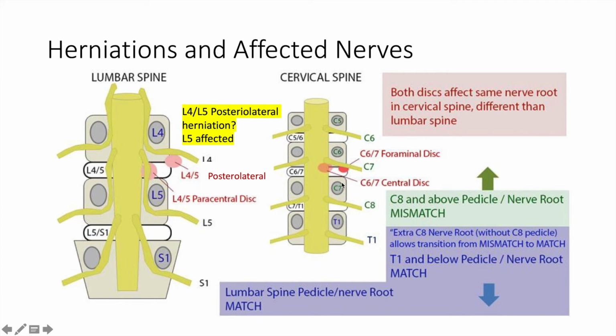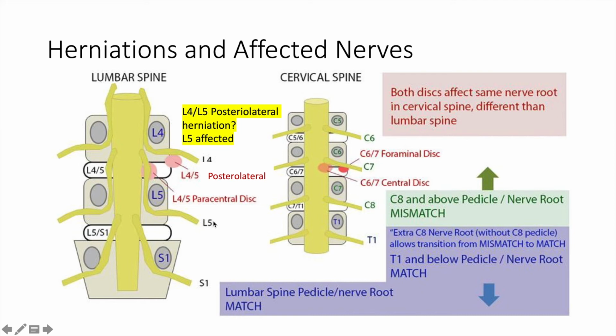So after C7, before, our nerve comes over the vertebrae, but now after that, we've got that C8 introduced. So under T1, we're going to have the T1 spinal nerve. So here we are down here in the lumbar spine. It's still continuing that way. So L4, we've got the L4 spinal nerve under it. Here's our L5. L5's under it.